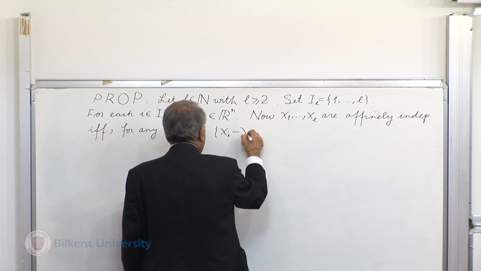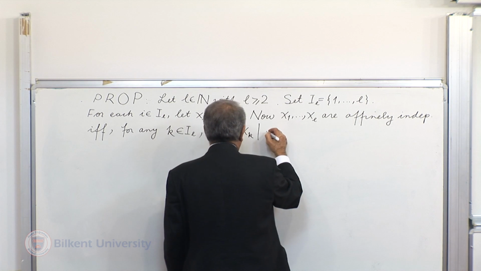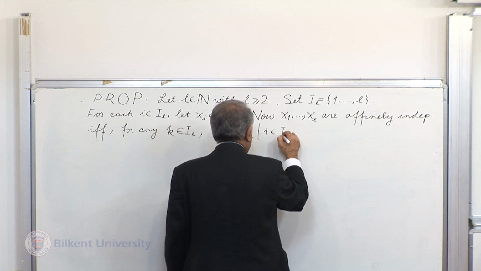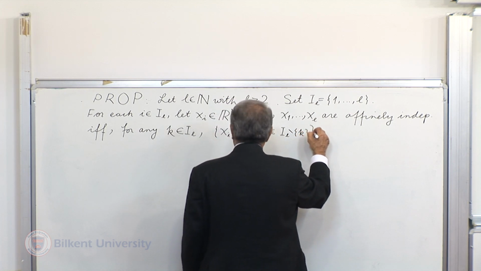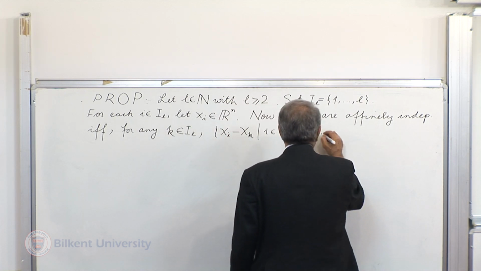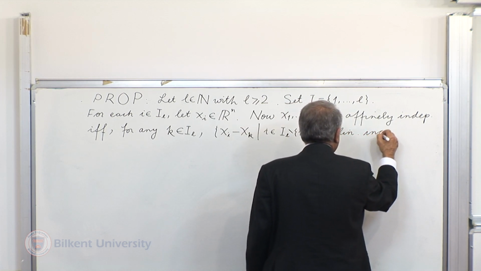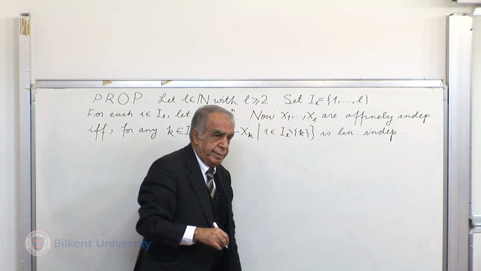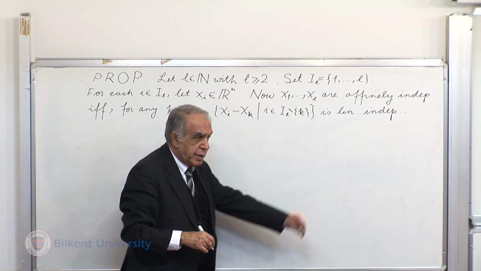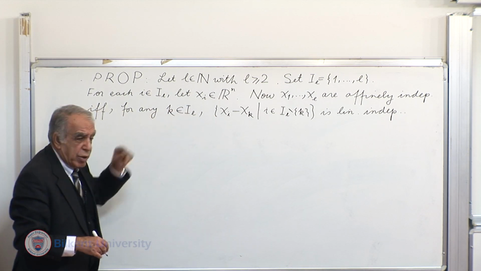x_i minus x_k such that i is in I_L minus k is linearly independent. This is just writing what we have observed on the picture in a more general setting.